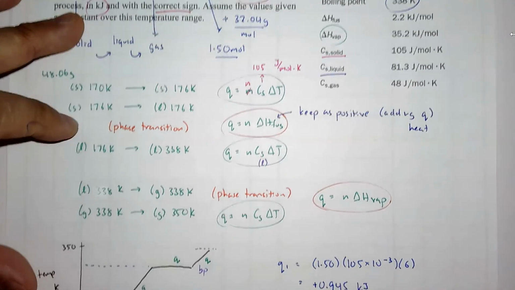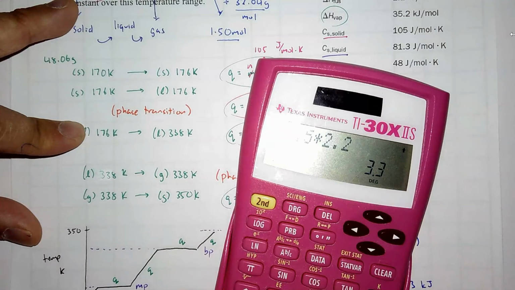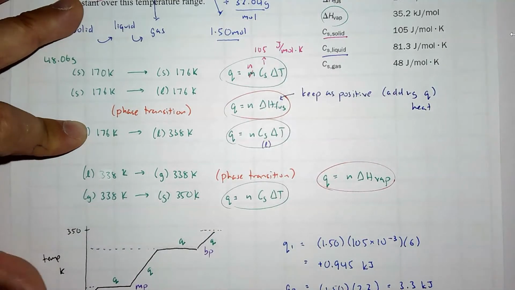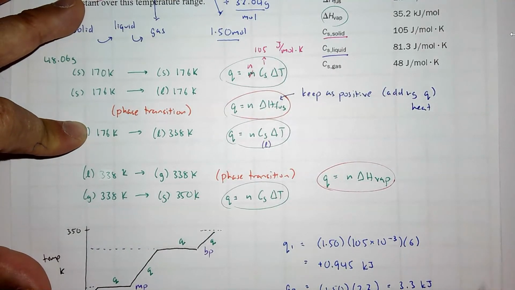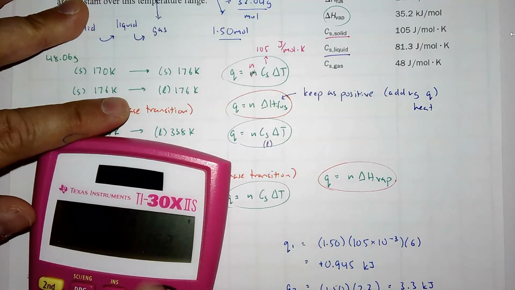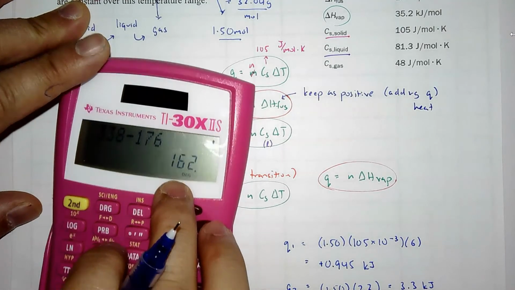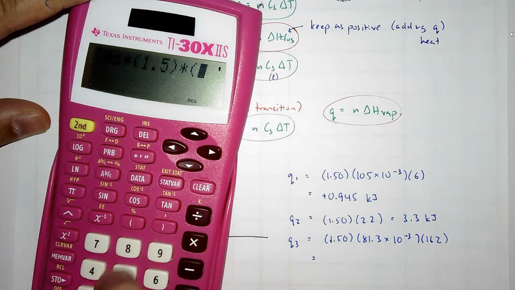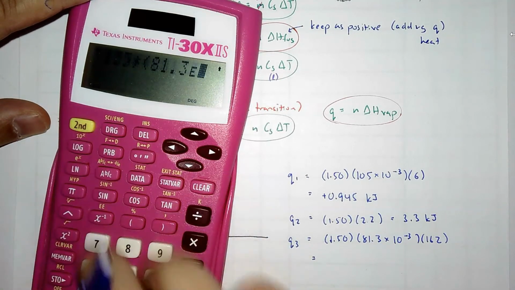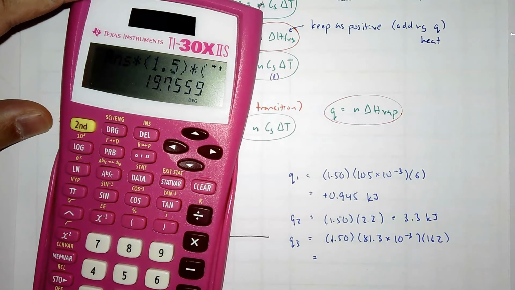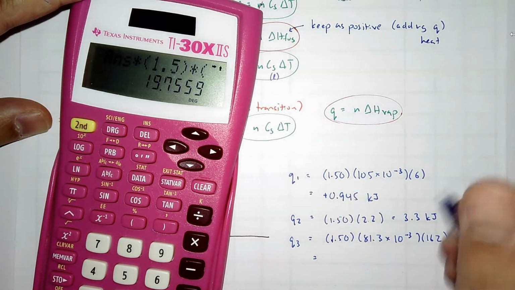And now what is the delta T for here? 338 minus 176, 162. And this will give me the answer in kilojoules. So I have 162 already saved, times 1.5 times 81.3 times 10 to the negative 3. 19.76. And it is positive.